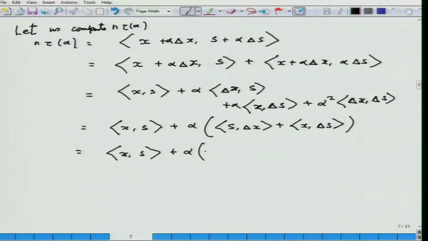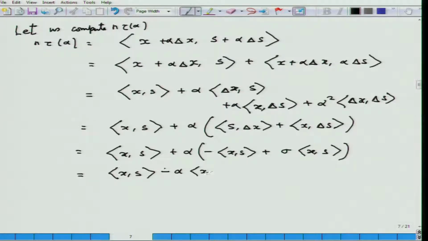So, it is becoming x s minus alpha x s plus alpha sigma x s.